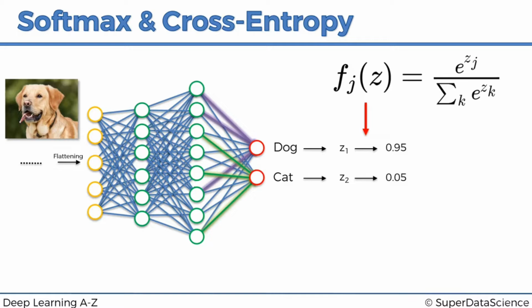And to quote Wikipedia, the softmax function, or the normalized exponential function, is a generalization of the logistic function that, quote unquote, squashes a k-dimensional vector of arbitrary real values to a k-dimensional vector of real values in the range of 0 to 1 that add up to 1. So basically, it does exactly what we want. It brings these values to be between 0 and 1 and makes sure that they add up to 1.